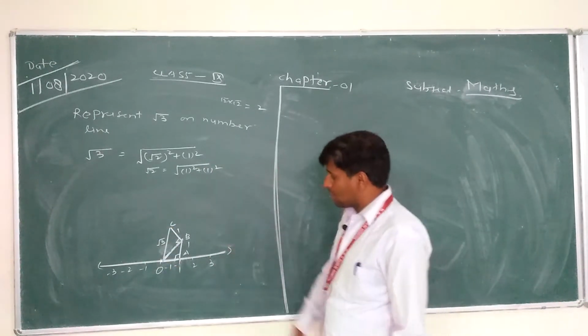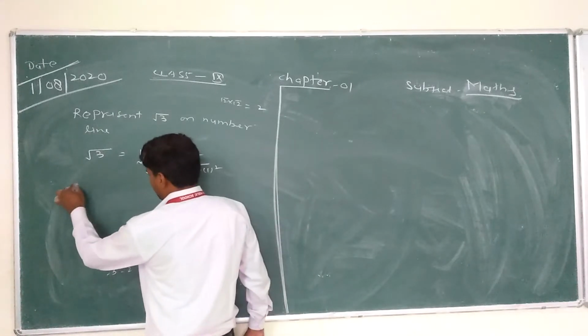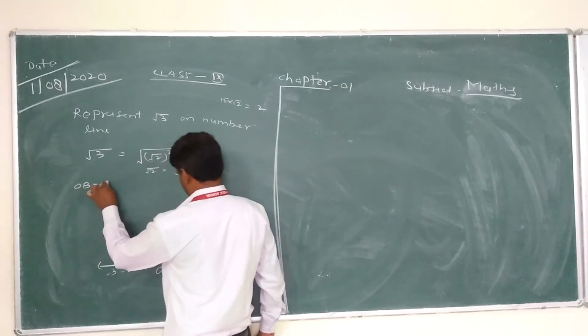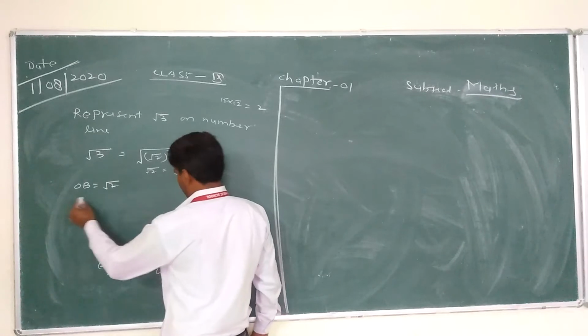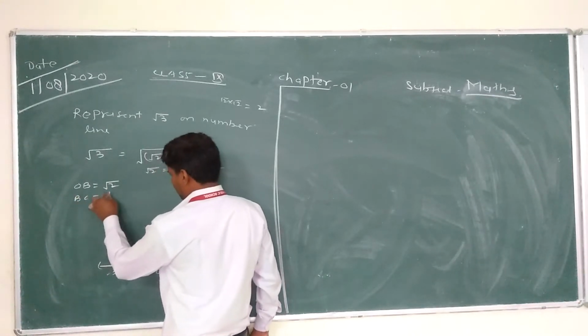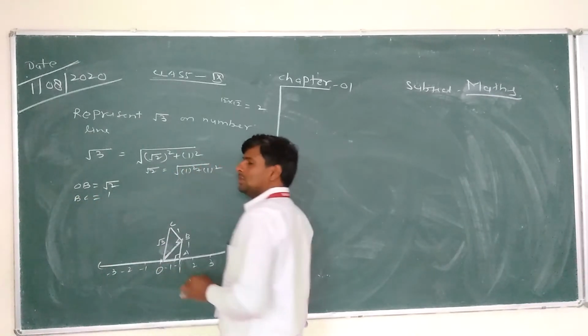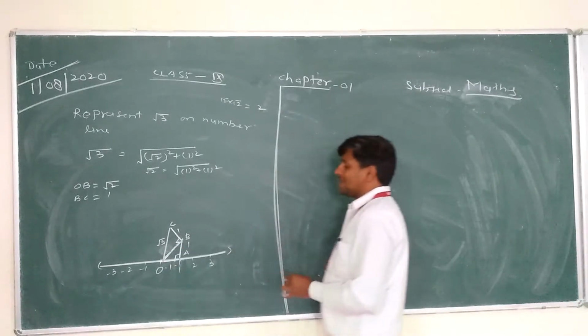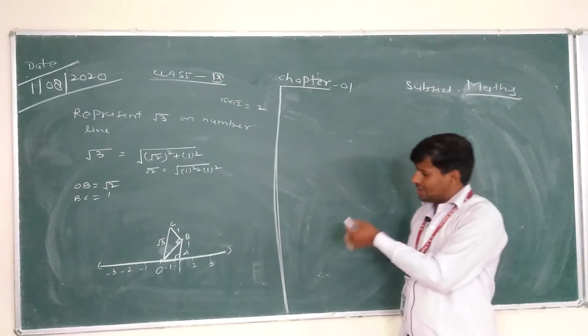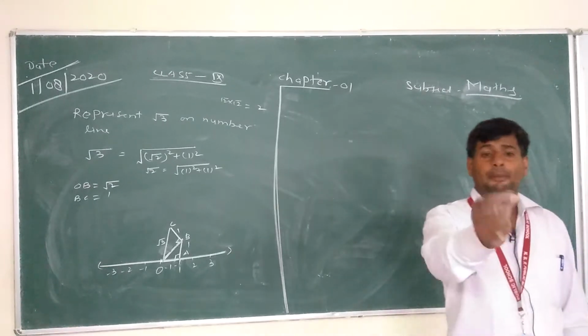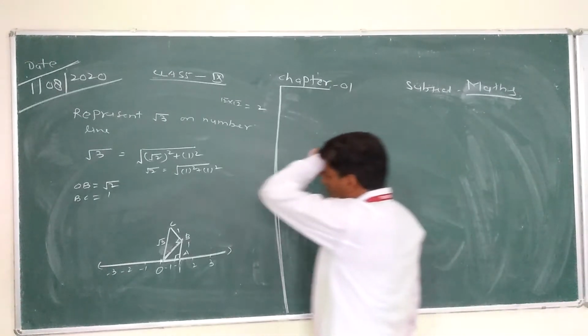How can we represent root of 3? Then see here. OB is given as root of 2, BC is given as 1. So triangle OBC is a right angle triangle, so we can use the Pythagoras theorem.